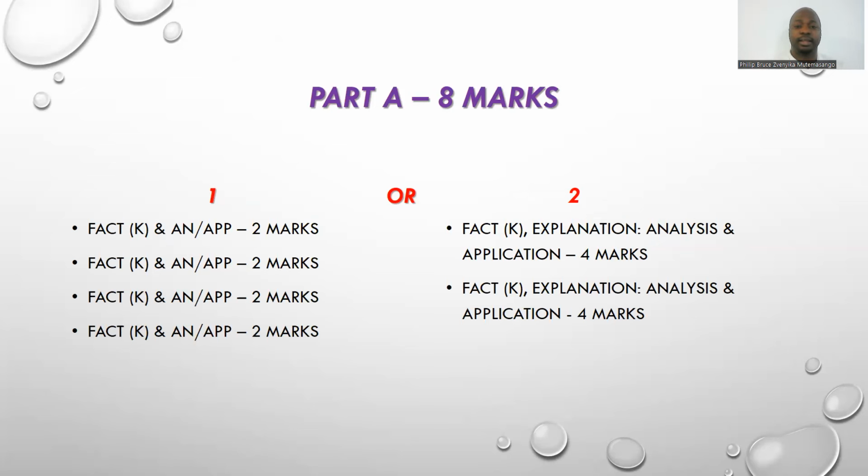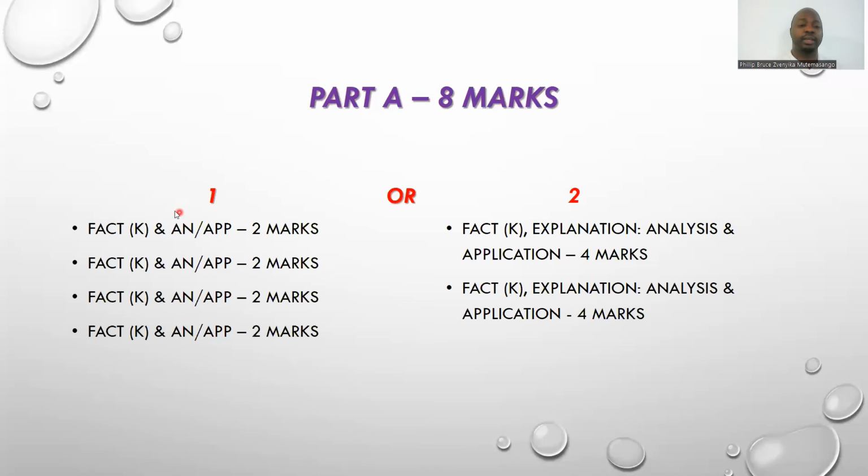Part A, to begin with, has 8 marks. And for you to get 8 marks, what are you supposed to do? Some of the questions require you to respond using the first approach, and some require you to use the second approach.